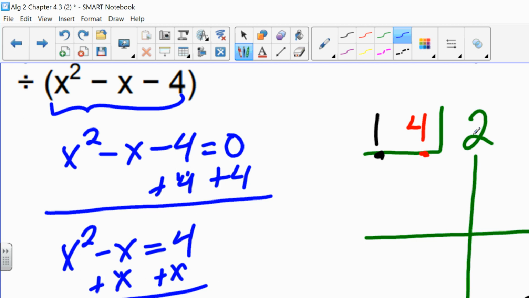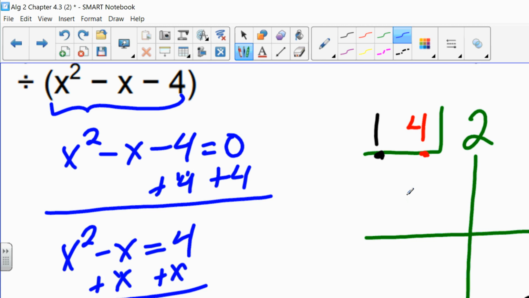So we've run out of numbers to use. So we will bring the 0 down. And these last 2 are the remainder. Because how many terms did we divide by? 3, because we had a quadratic, we had 3 terms.